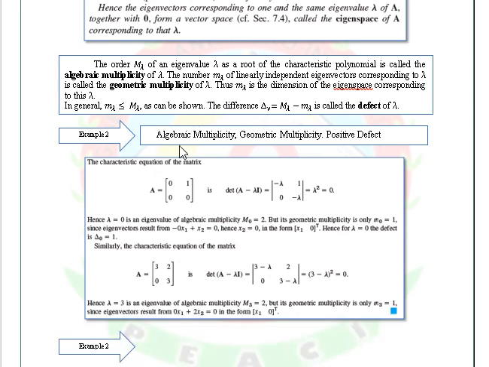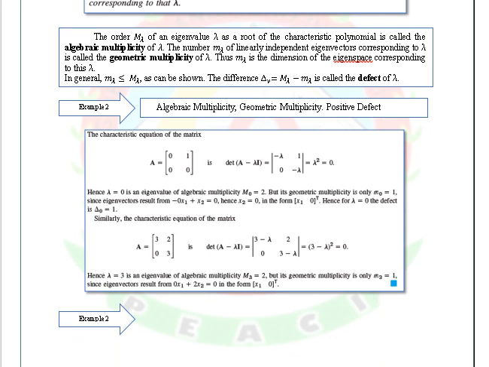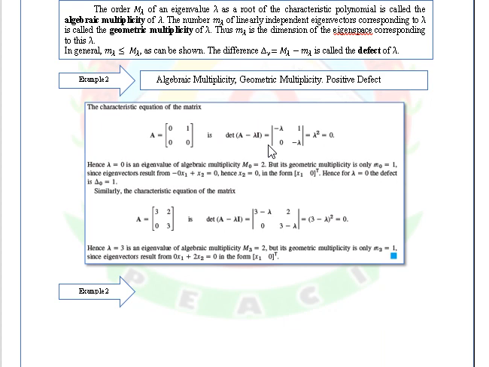So example number 2, we have here an algebraic multiplicity, geometric multiplicity, and positive defect. We have here the characteristic equation of the matrix A, this one.